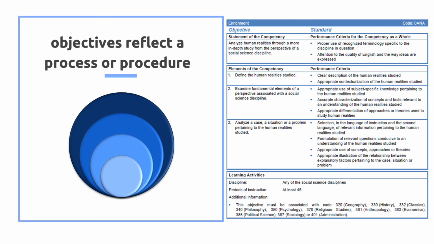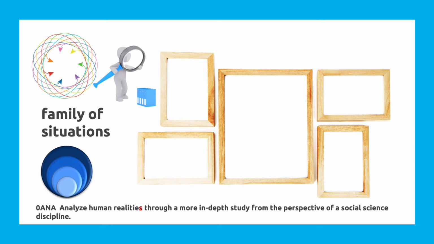Let's try another example. Here is a social science competency 0A&A, analyze human realities through a more in-depth study from the perspective of a social science discipline. It is developed using a holistic approach in each of the 3 courses the revision committee decided to implement. Each social science discipline develops this competency from their disciplinary perspective.